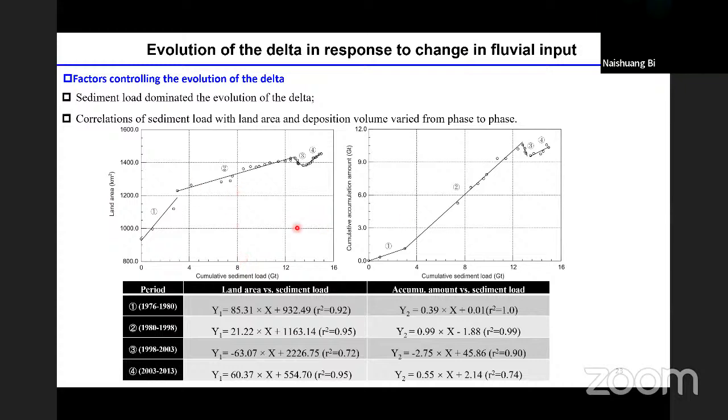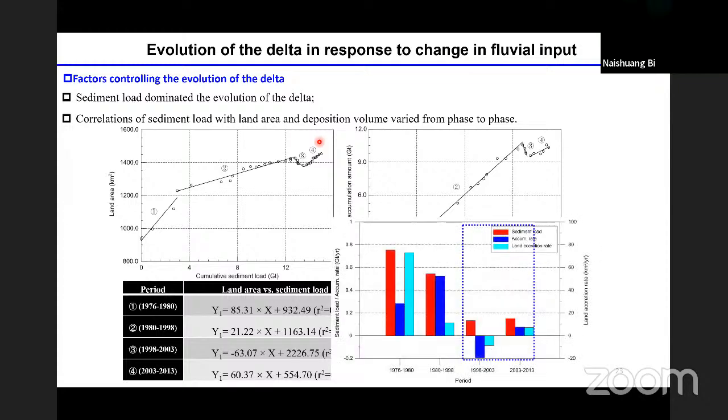So during these 4 stages, it's evident that the correlation of sediment load with land area and the deposition volume varied from phase to phase. It should be noticed that if we take a look at series 3 and series 4, and look at the sediment load, the red bar here, there's no significant difference in terms of sediment load between these 2 stages.